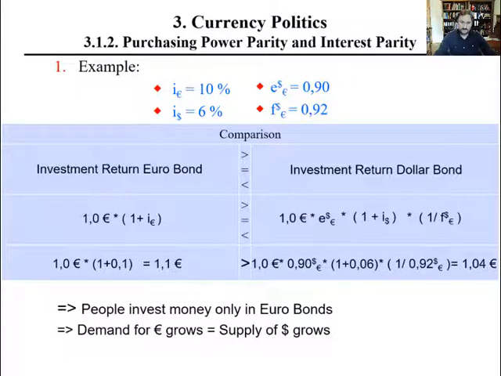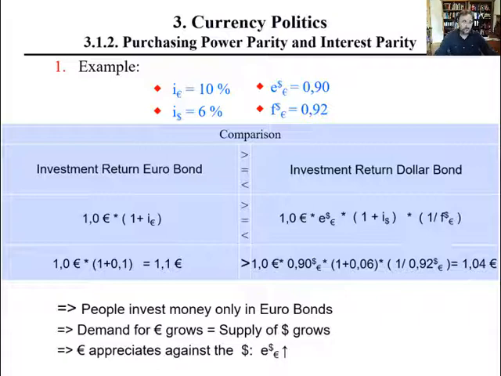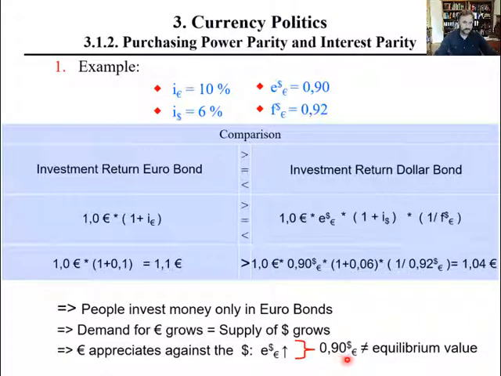As a result, the euro appreciates against the dollar. This means that at a spot exchange rate of $0.9 per euro, we have not an equilibrium exchange rate. There is still adjustment pressure on the exchange rate, in this case upward adjustment pressure.